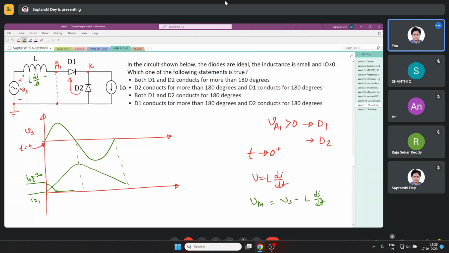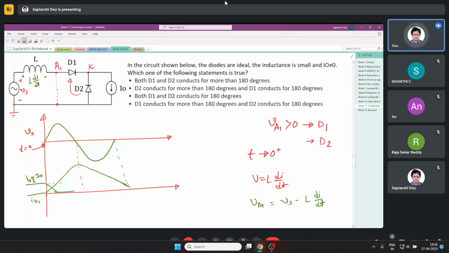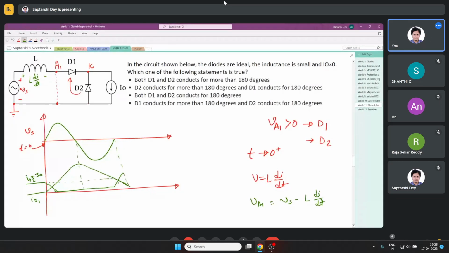So the current increases. And when the current reaches somewhere here, ID2 will again increase, maybe something like this.